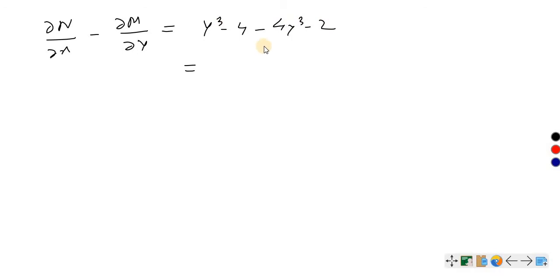So this will give me minus 3y cube minus 6. So this is what I will be getting.